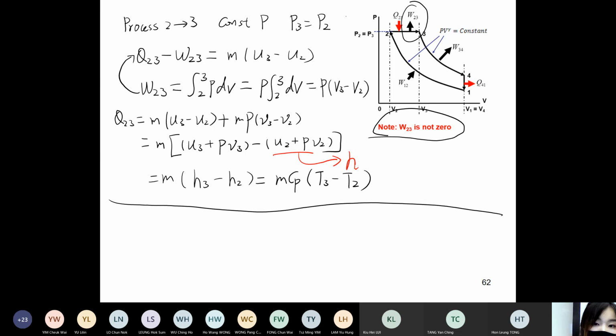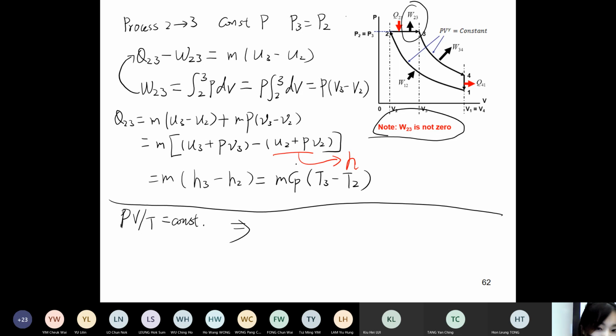We have P3 equals P2. We also have the property of perfect gas: PV/T equals constant, right?